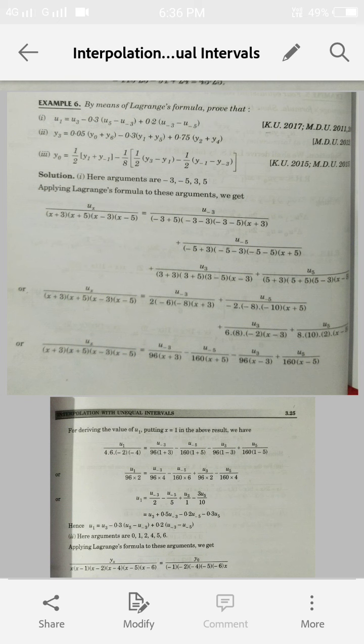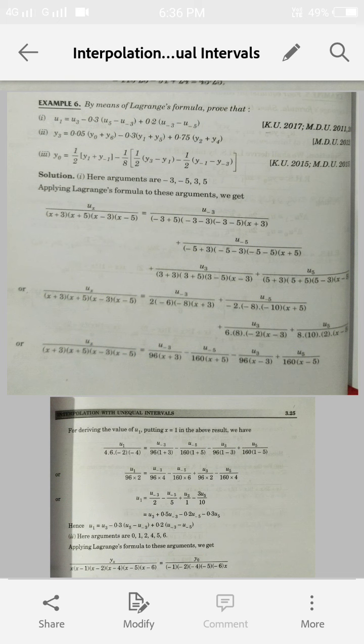Here, if we look, our arguments are minus 3, 3, minus 5, 5. So we take the arguments as minus 3, minus 5, 3 and 5. And in the left hand side, it is u1. It means we are to find the value at x equal to 1.